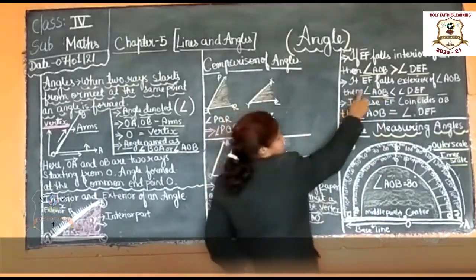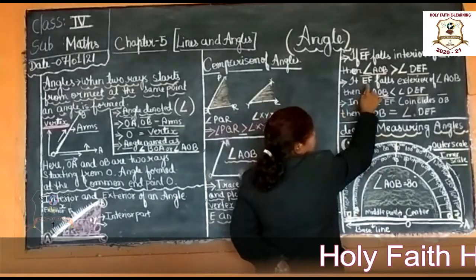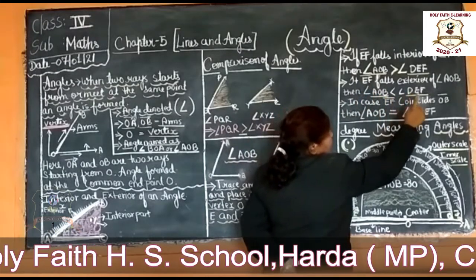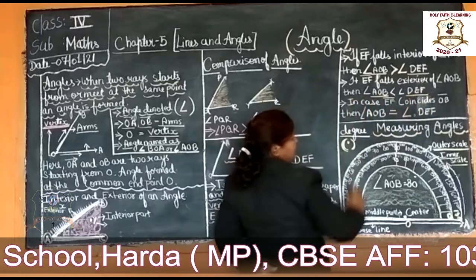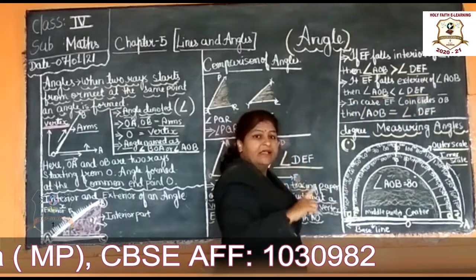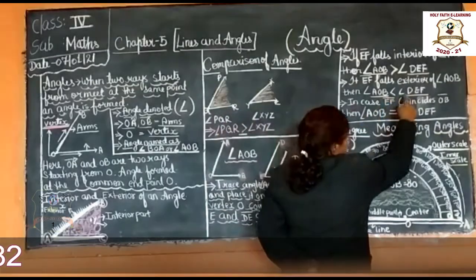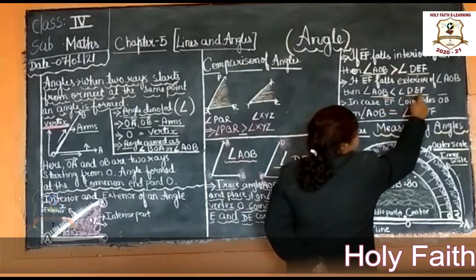If ray EF falls in the exterior of angle AOB, then angle AOB is smaller than angle DEF.